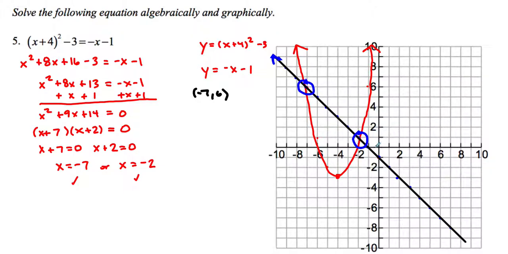And we're at the point (−2, 1). Now remember, we broke this into a system of equations, so it looks like there are points for our answers. But our original equation has just x's, so we have to focus on just the x-coordinates. So x = −7 and x = −2 when we look at solving it graphically.